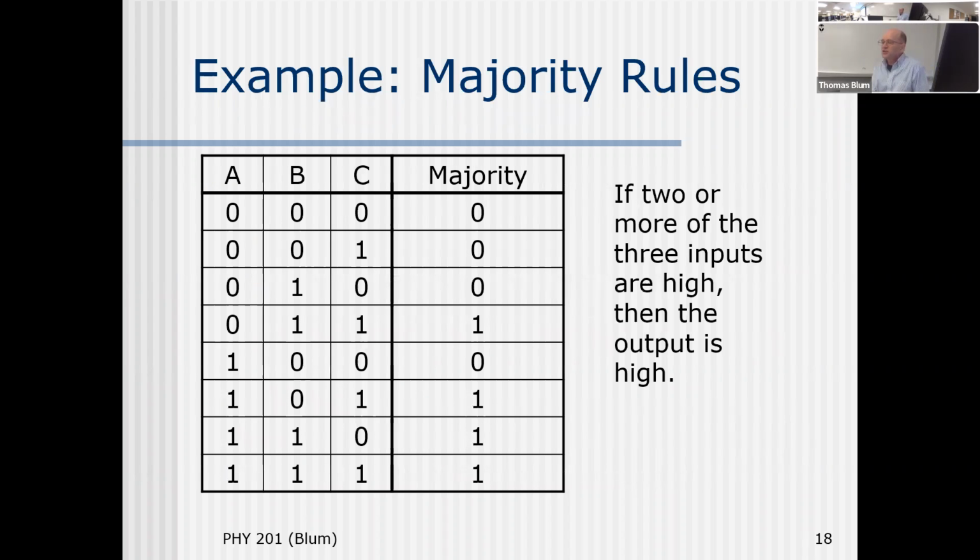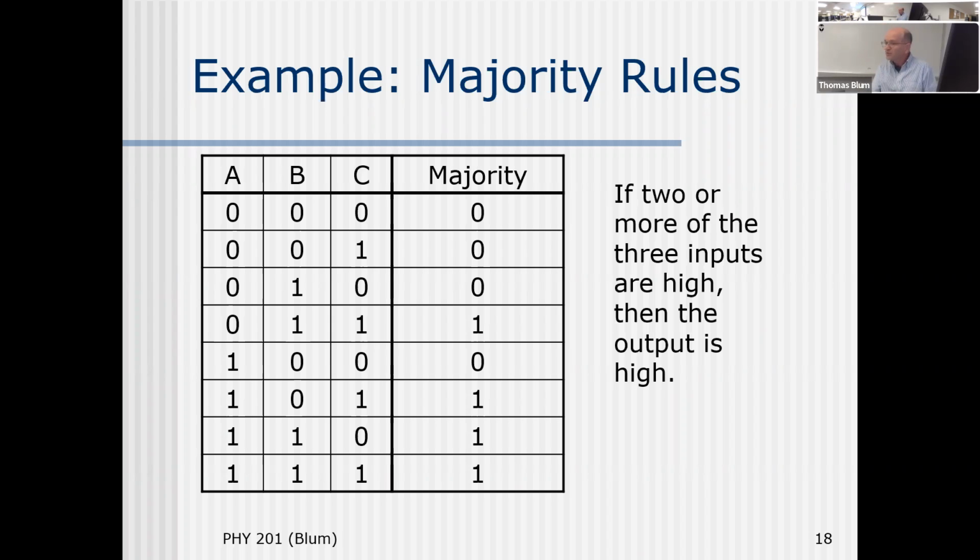So here's just a scenario. This is sometimes when people get confused: we do a truth table and then they think we've done all truth tables. We will do a method that will apply to all truth tables, but not all truth tables look like this. This is the truth table for a scenario.